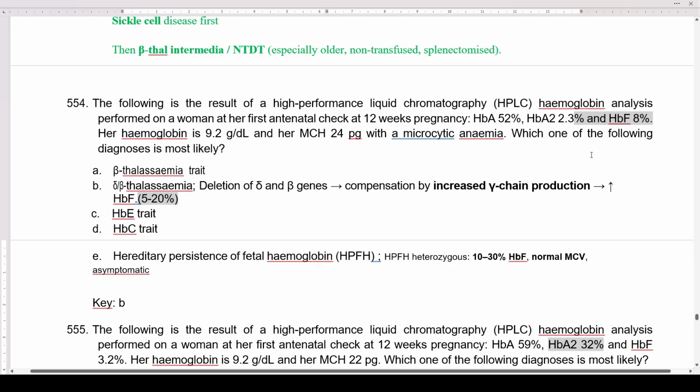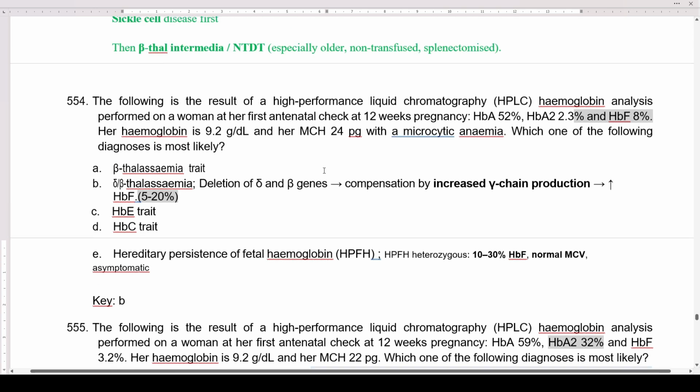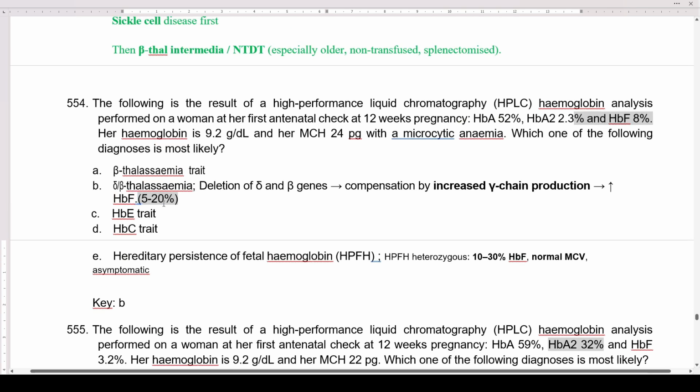As we studied earlier, whenever there is delta beta thalassemia, HbF would be between 5 to 20%. Why is it called delta beta thalassemia? It means there is deletion of delta and beta chains. So when there are no delta or beta chains, or reduced delta or beta chains, what will be the compensatory increase?